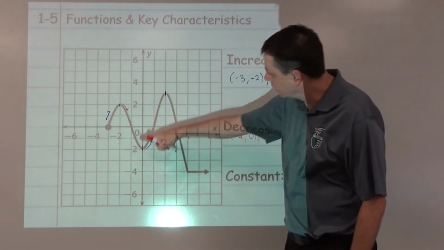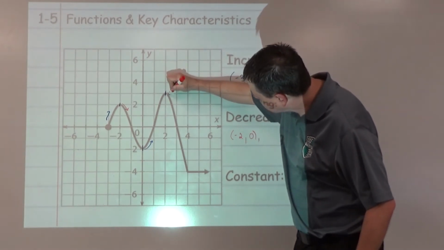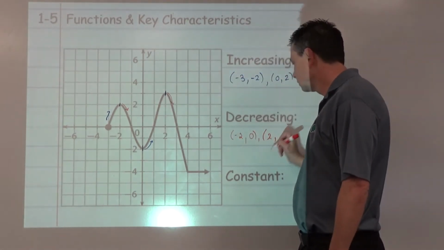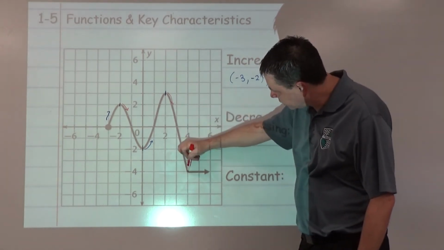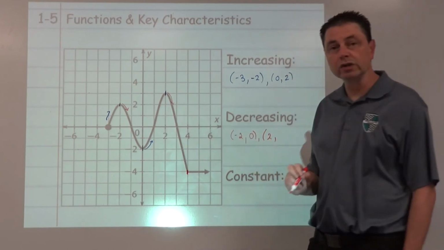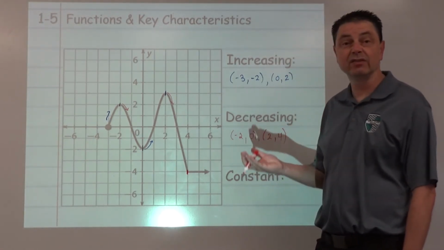And then, this was an increasing section where it's going up. Starts to go down right here at 2 until we get to, stops going down right here, and that corresponds to 4. That's it for decreasing.